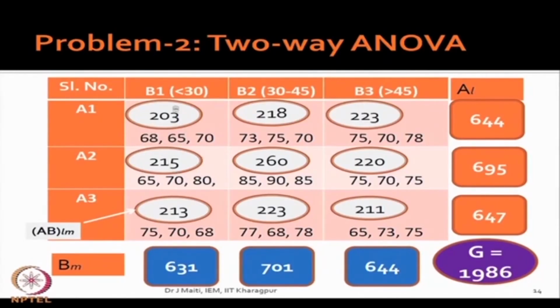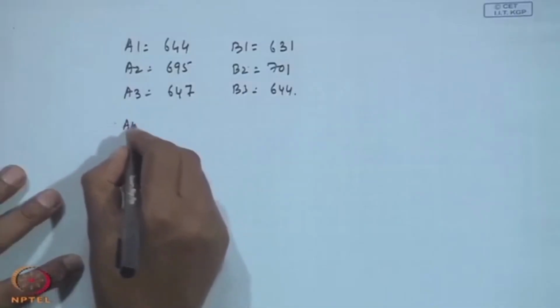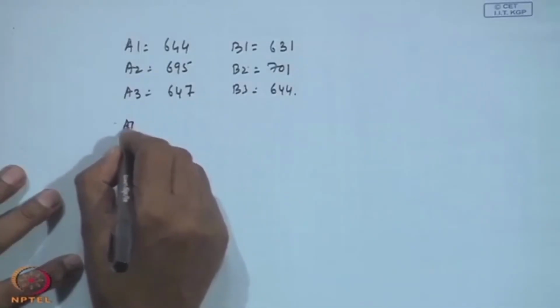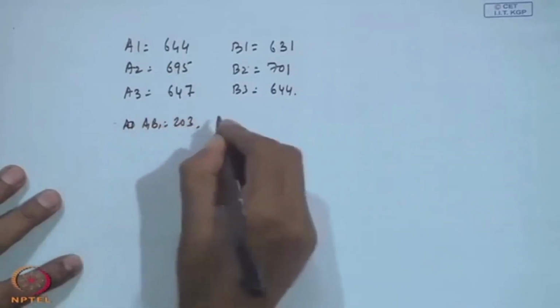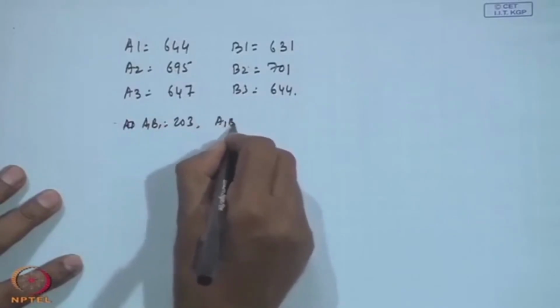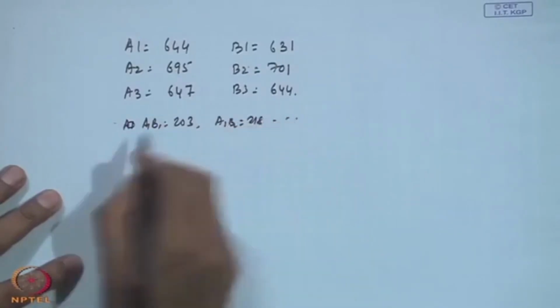Each cell is the interaction part. Now, you make the sum total of each of the cells, that is the AB part. So, the sum for A1 B1 is 203, and similarly A1 B2 is 218, these are all sums.